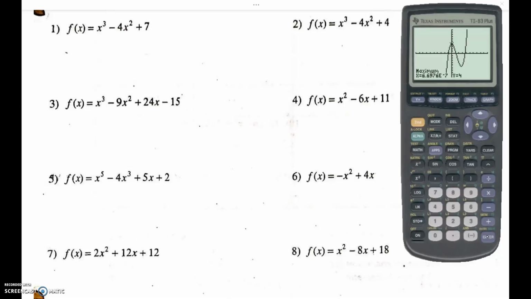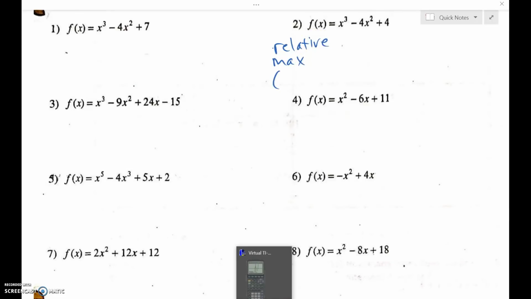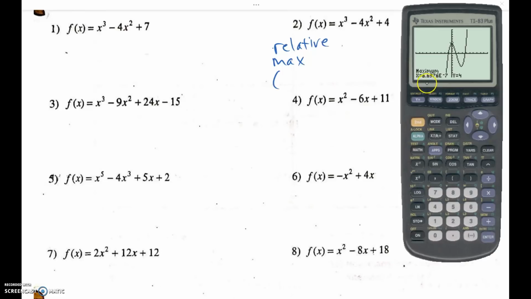So my maximum, and I'm going to have to round, my relative max was at 6.697. So 6.70 times 10 to the -7. So that's going to be a tiny number.